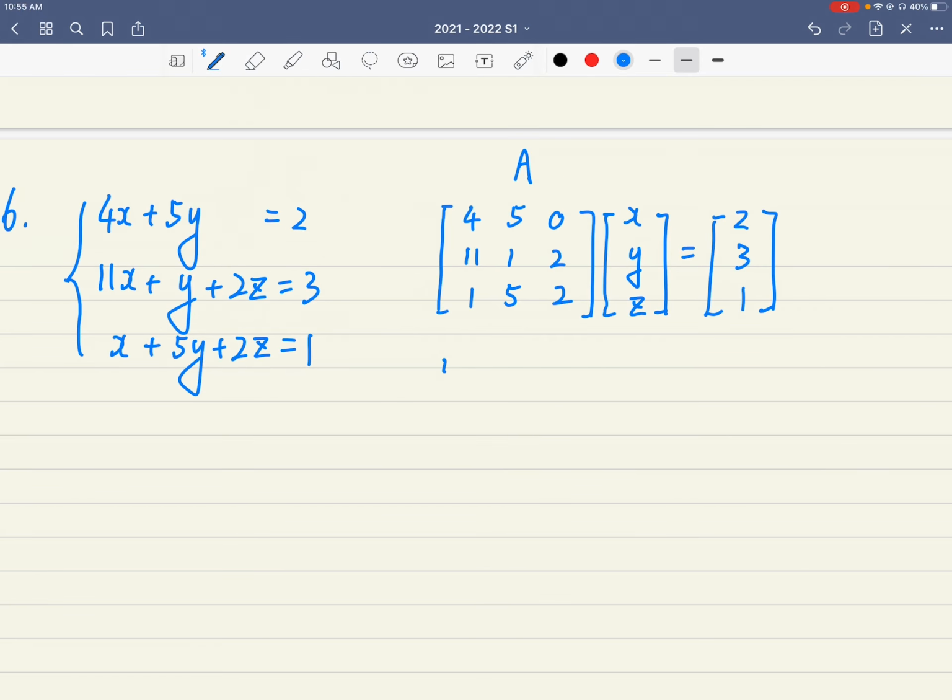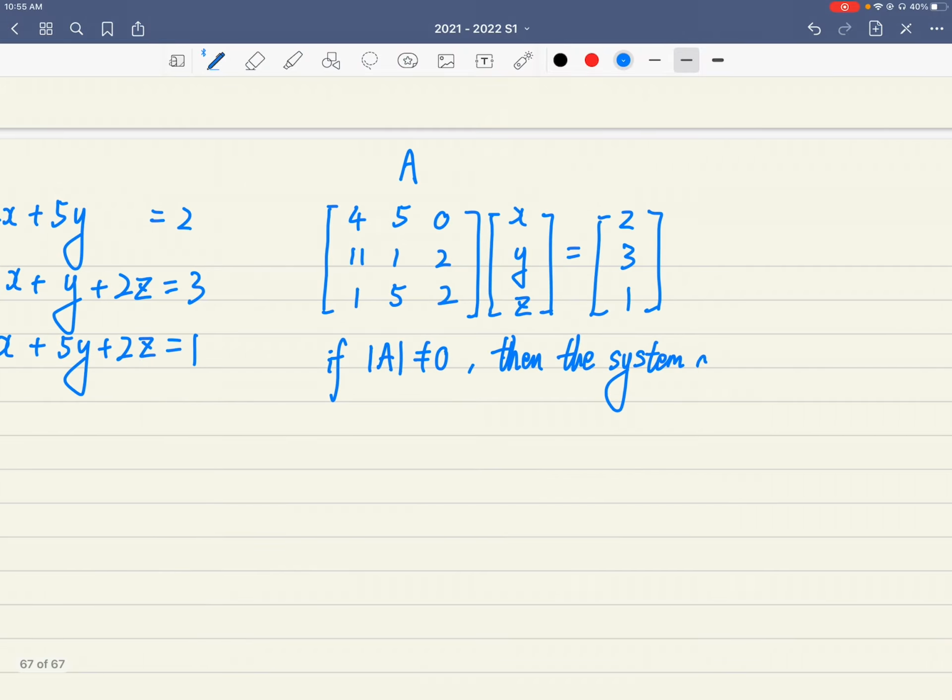So if A is invertible, which means if the determinant of A is not 0, then this system of linear equations has a unique solution.